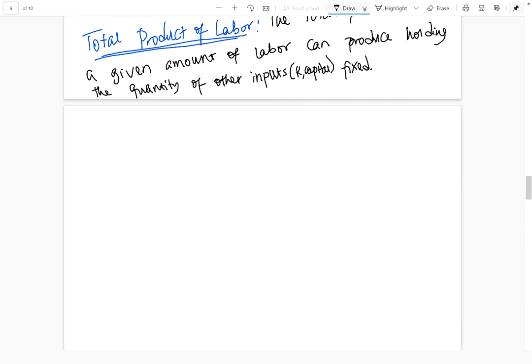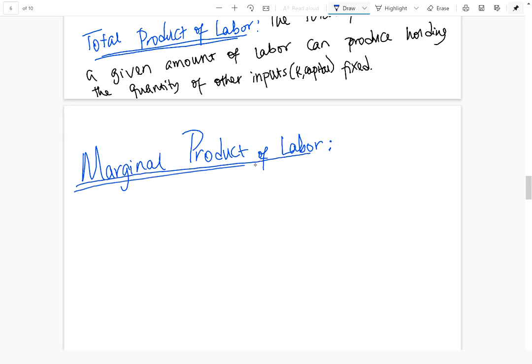Next, we have the marginal product of labor. Now, you should be used to this term marginal at this point. It's just saying additional, right? We've seen it with the consumer. So marginal product of labor really is just saying the additional unit of production, additional Q, that a new unit of L can produce, right? So let's write that out.